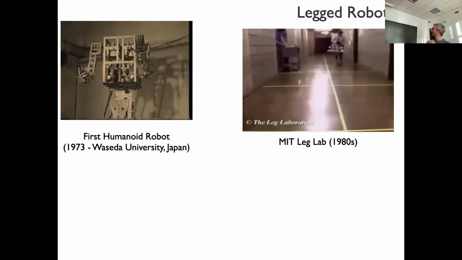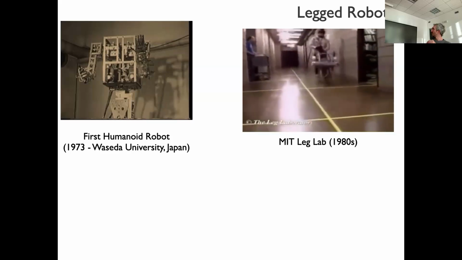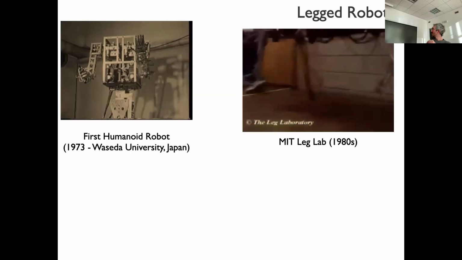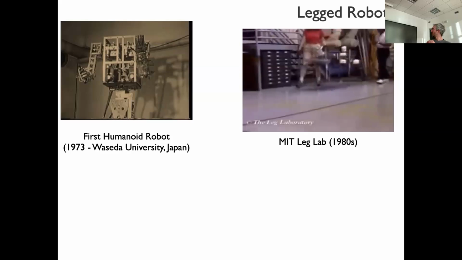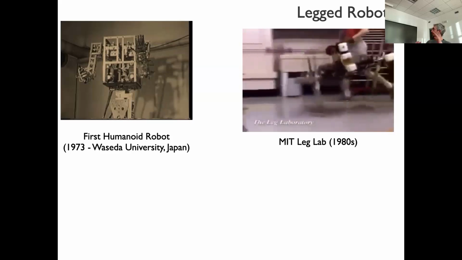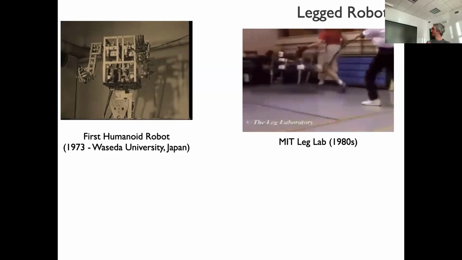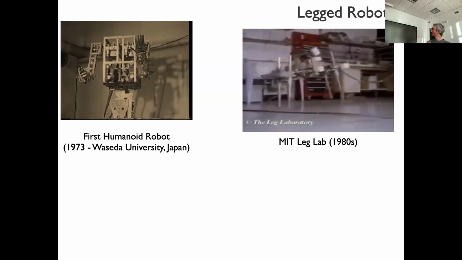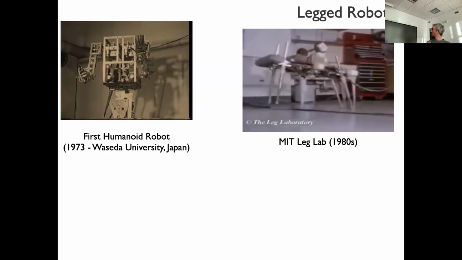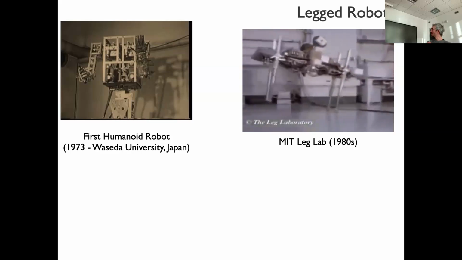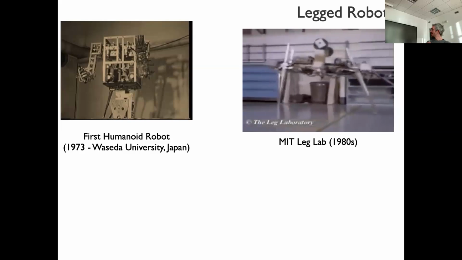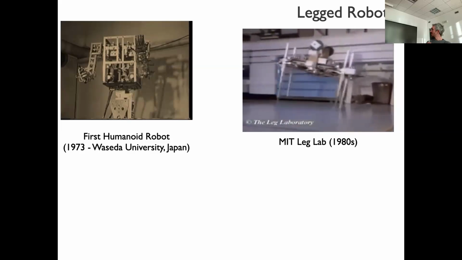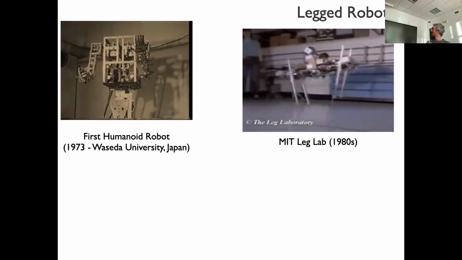And then they moved to quadrupeds. Probably this is the ancestor of BigDog, the first robot from Boston Dynamics. This is a bounding gait, a very inefficient gait, if you ask me.